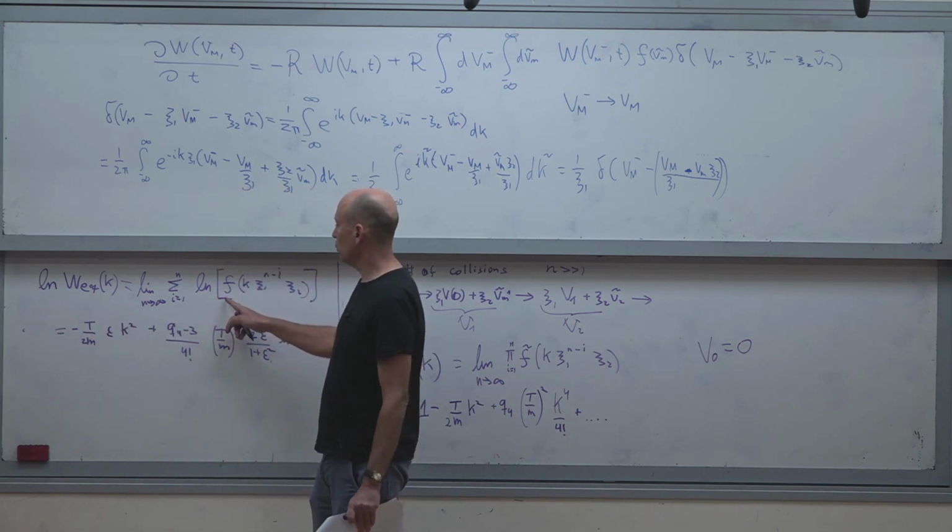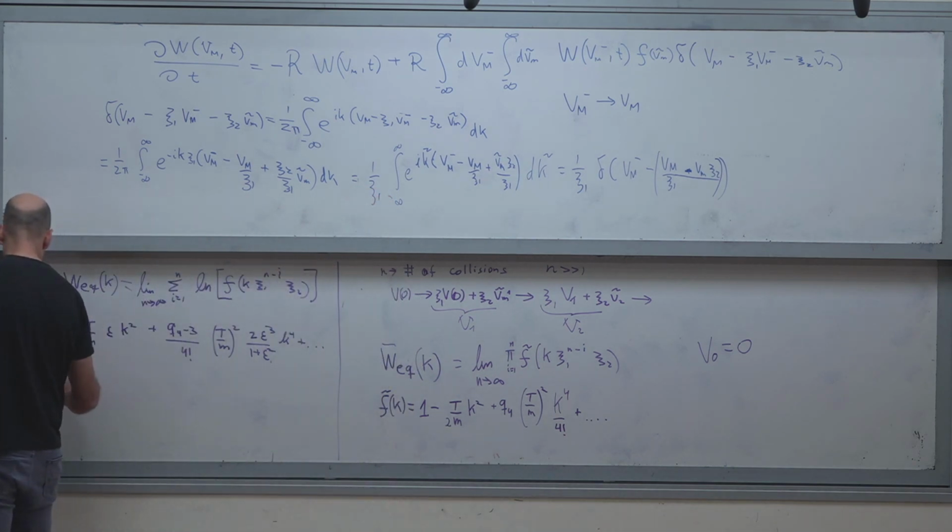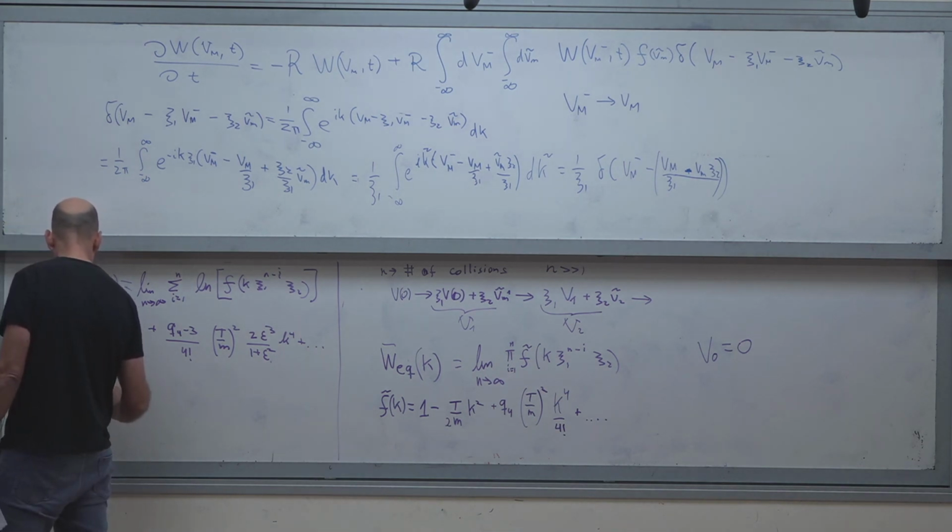Because what do I need to do? I have a log. Let's do the first term. I have log of 1 minus t over 2m, then I have psi1 to power 2 n minus i, psi2 to the power 2, k squared.